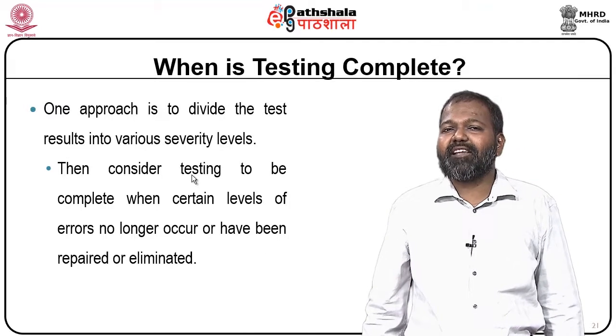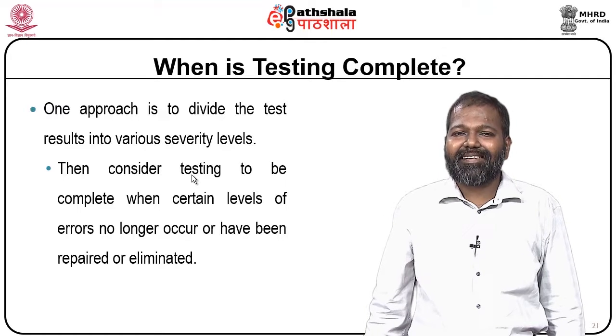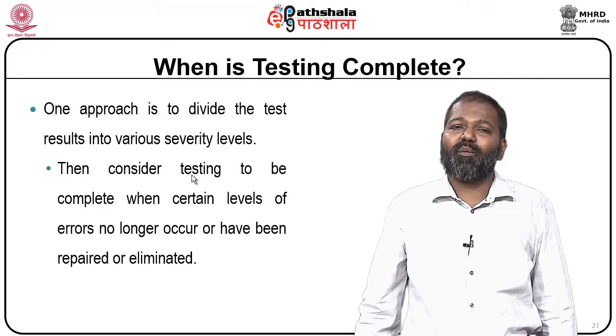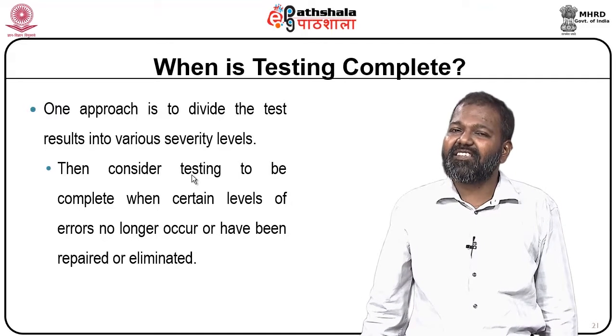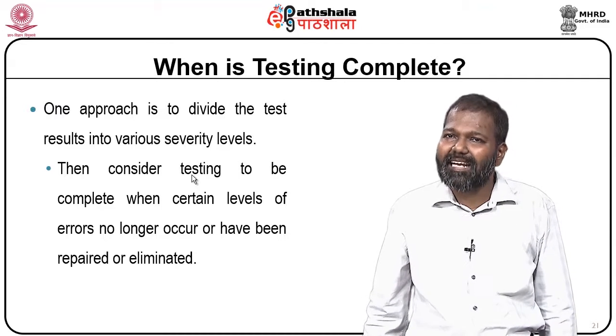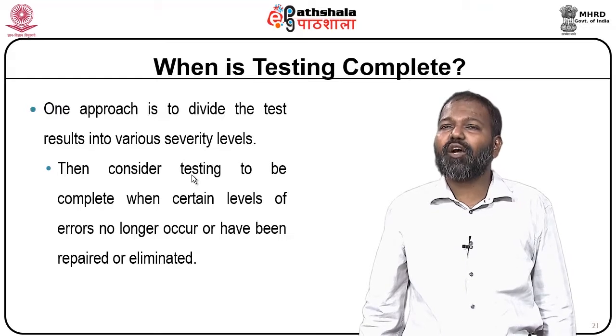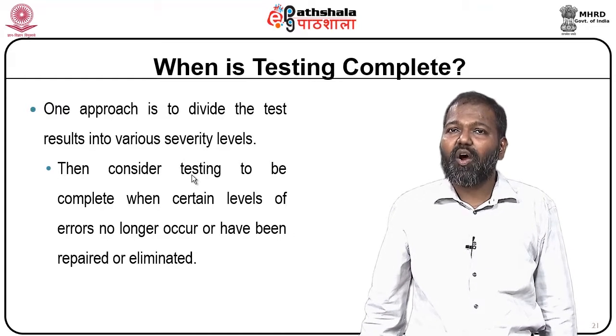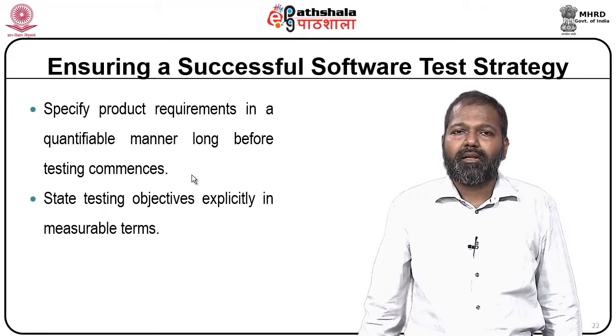One approach is to divide the test results into various severity levels. Then consider testing to be complete when certain levels of errors no longer occur or have been repaired or eliminated.